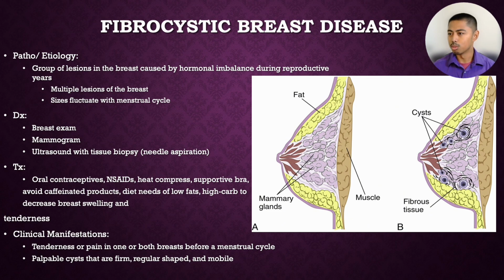This is going to result in multiple lesions of the breast, so make sure you know that. It includes cysts, ductal dilation, fibrosis, and these cysts can enlarge or shrink with a menstrual cycle because they respond directly to the hormonal cycling. It just depends on how much estrogen and progesterone there is in the body.